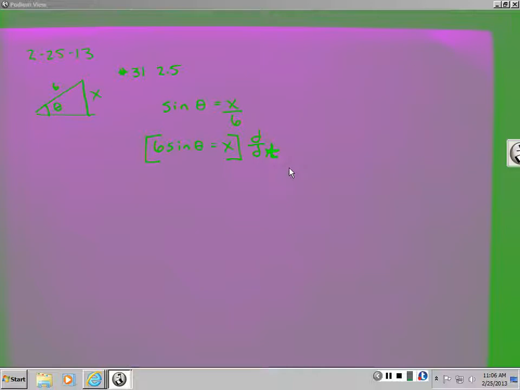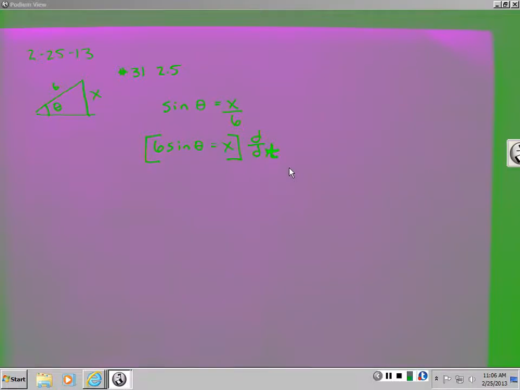Theta is changing and x is changing with respect to time, right? If I let this ladder slide down this brick wall and I freeze time and then play time, theta is moving and x is moving. The only thing that's not changing is the 6, the length of the ladder.